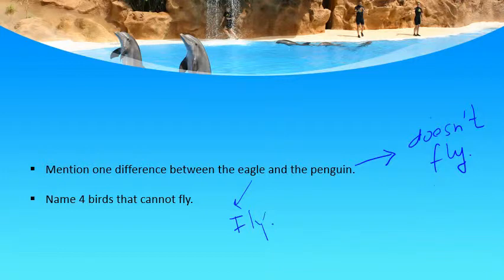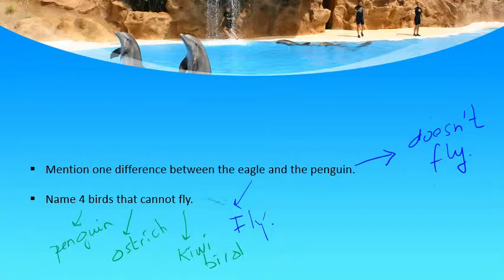Name 4 birds that cannot fly. We have the penguin, ostrich, the kiwi bird, and I will take some kinds of ducks.